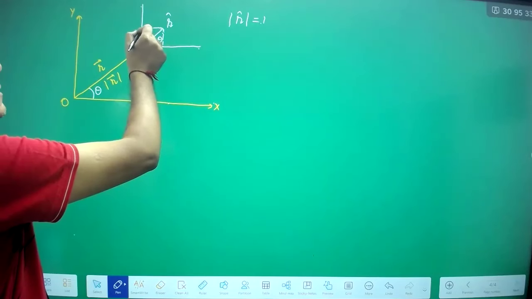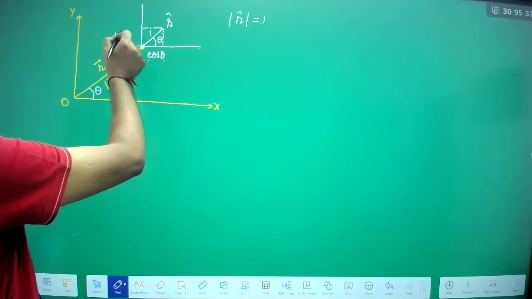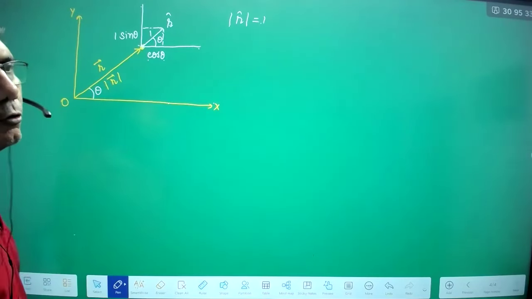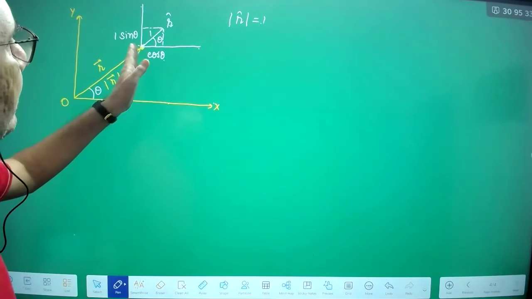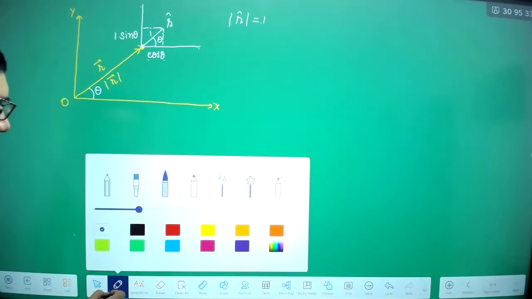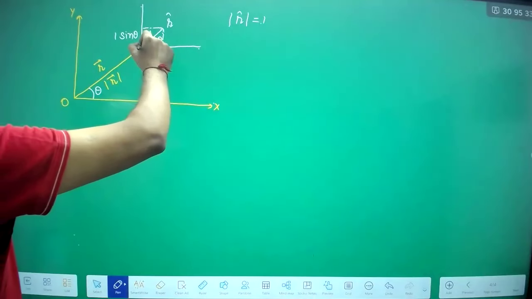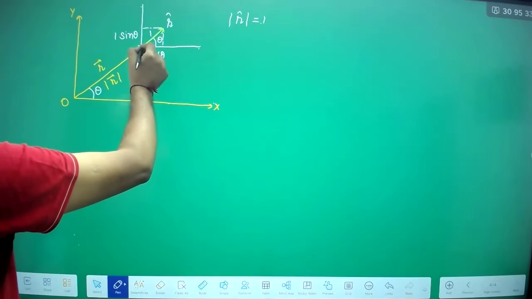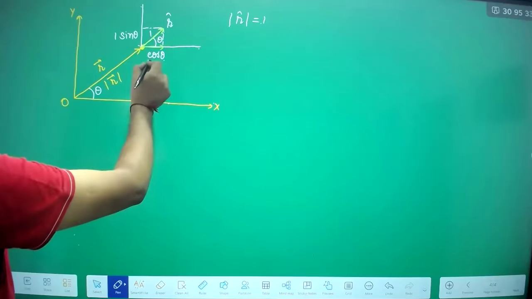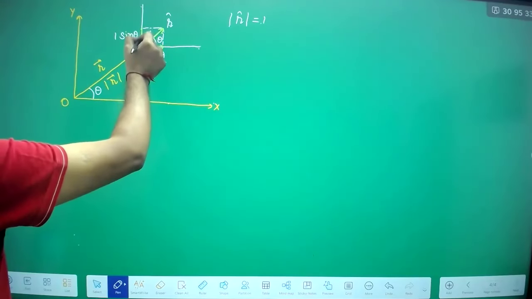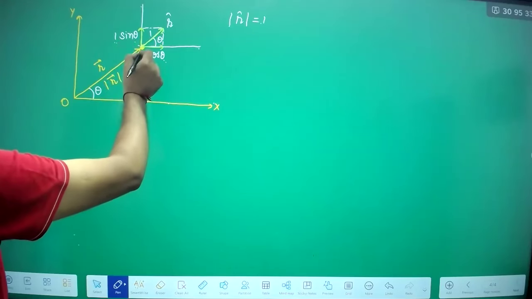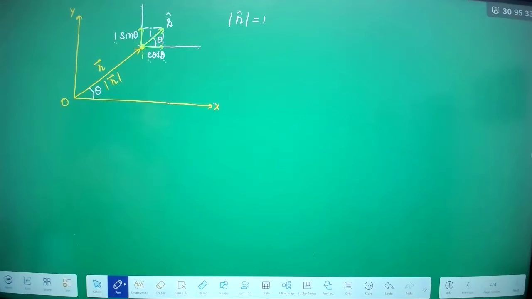And in this direction, it will be 1 sin theta. So the component of this R cap vector in the x direction is cos theta, and its component in the y direction is sin theta. You can write it like this.